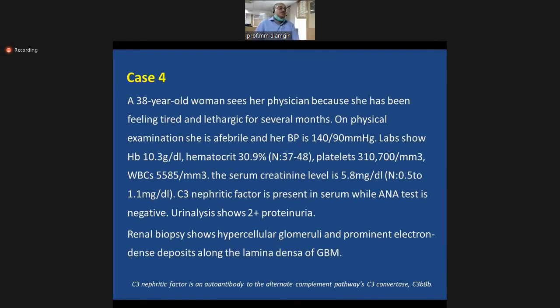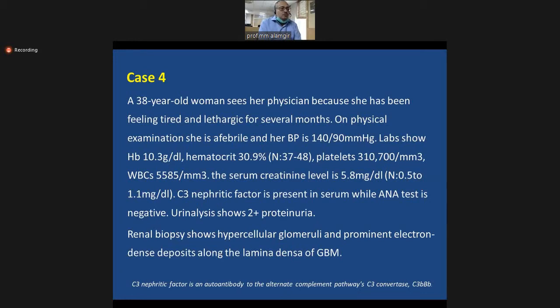Now, case 4. A 38-year-old woman sees her physician because she has been feeling tired and lethargic for several months. So this is a middle-aged woman with a history of fatigue. On physical examination, she is afebrile and her BP is 140 by 90 mmHg.